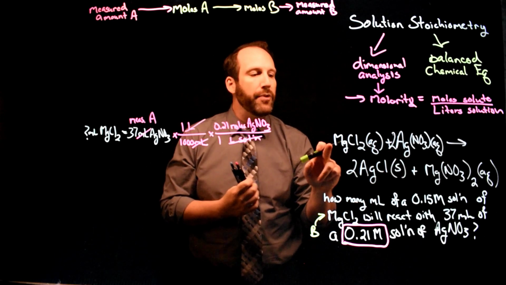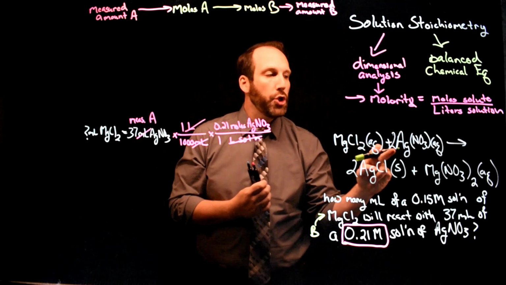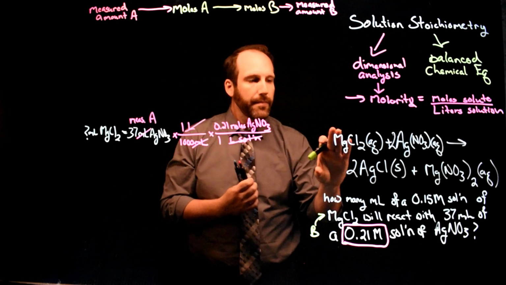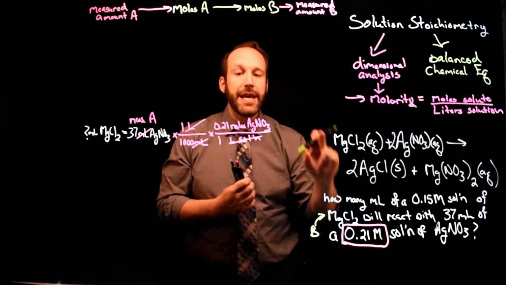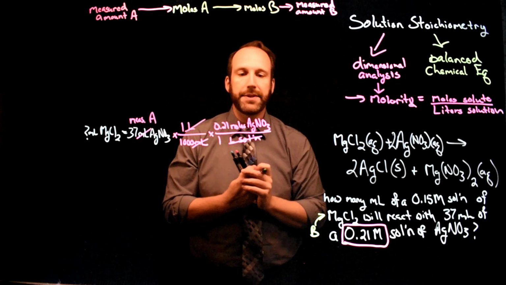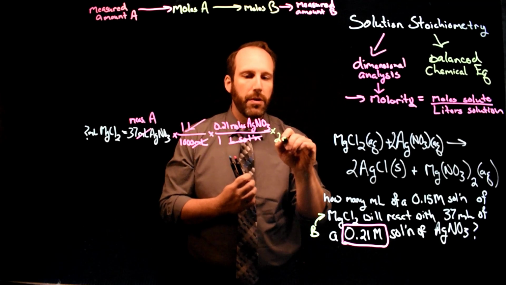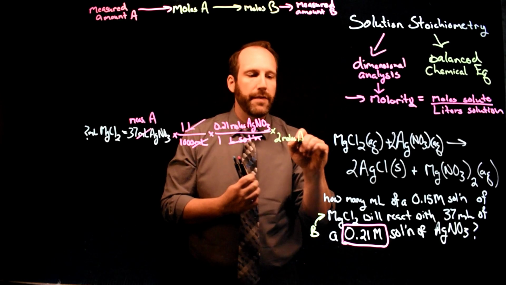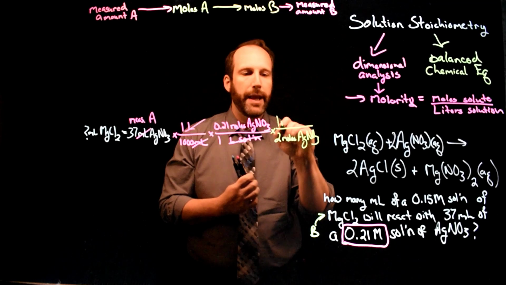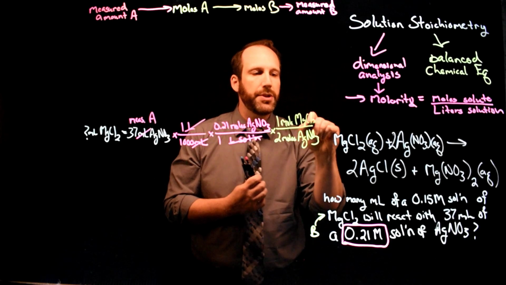That says that for every 1 mole of magnesium chloride, it takes 2 moles of silver nitrate, right? So this allows us to see what the mole-to-mole ratio is between magnesium chloride and silver nitrate. So I know that for every 2 moles of silver nitrate, there's 1 mole of MgCl2, okay?